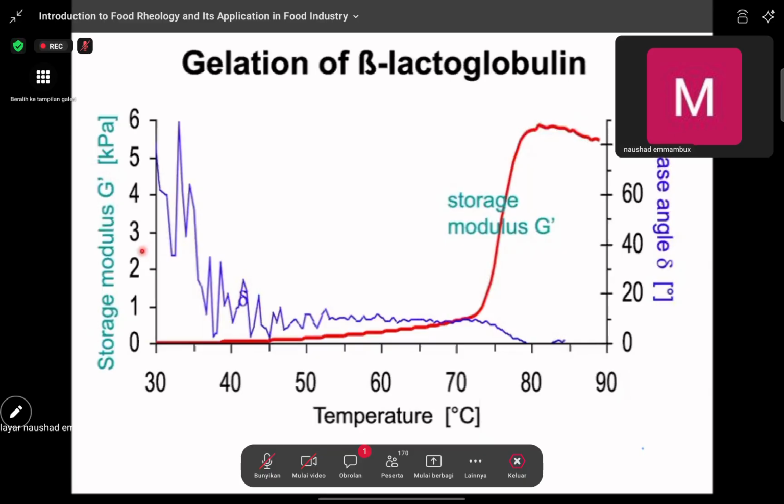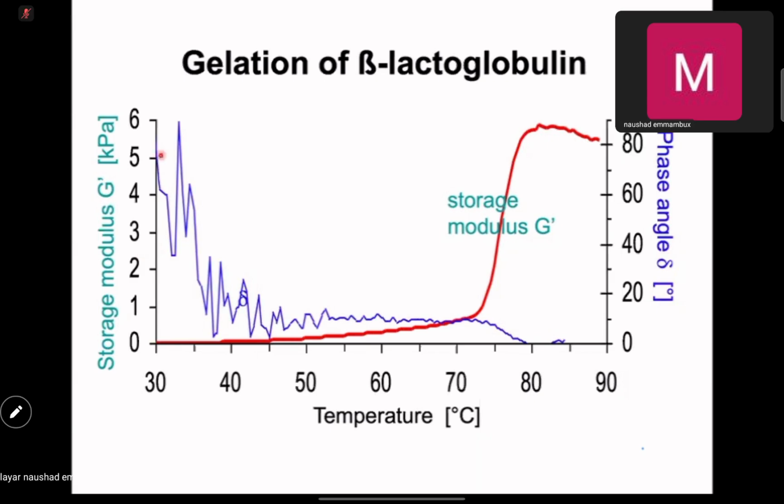When it comes to 0, it's more like a solid material. So this decreases the tan delta, but your storage modulus becomes stronger. The highest storage modulus means you have a stronger network. So you can see that it's forming a network here until it stabilizes. You can look at gelation properties, which are heat induced, if you do, for example, a temperature sweep, where you increase the temperature.